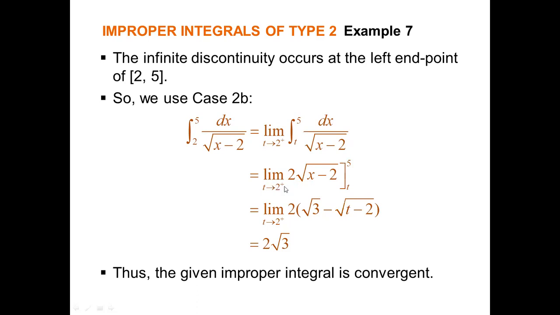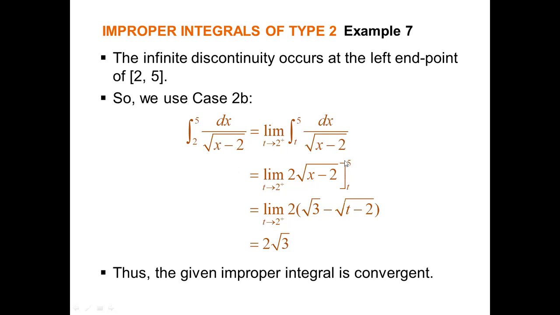And now you could see that you have eliminated the symbol of the integral and placed here the limit of t approaching 2 from the right, because this is the value you're going to substitute for x, which will make your original function asymptotic to the line x equal to 2.